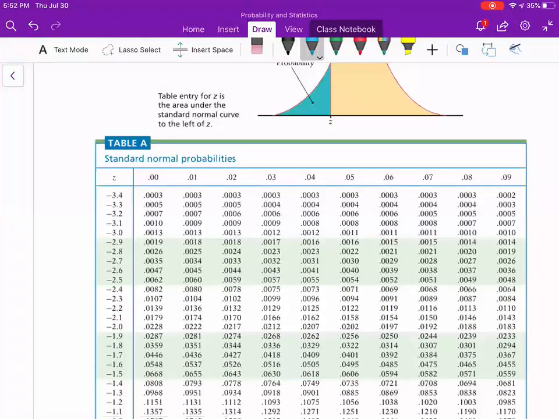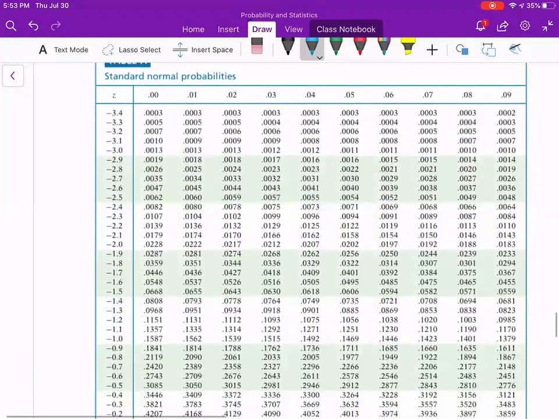And the Z table again gives you less than probabilities. I know that the area to the left of the value I want is 0.005. 0.005 is a probability, and in this table, probabilities are the main body.